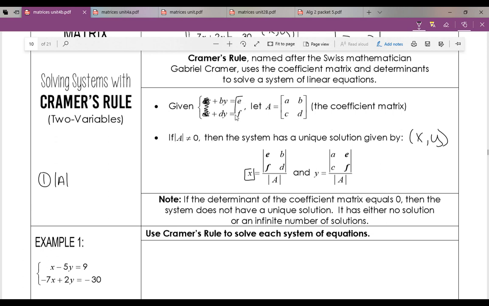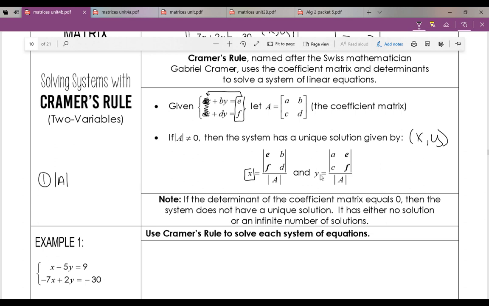So what I'm going to do is grab these two numbers, put them in here. Notice E and F are first where the x's used to be, and then I keep my y values, B and D. I cannot use the numbers attached to x when I'm solving the numerator for x.